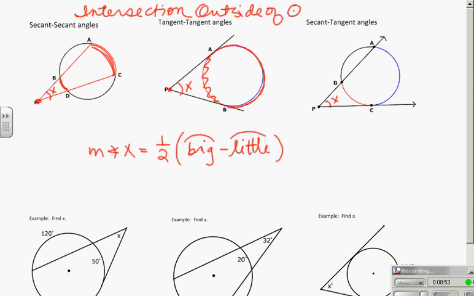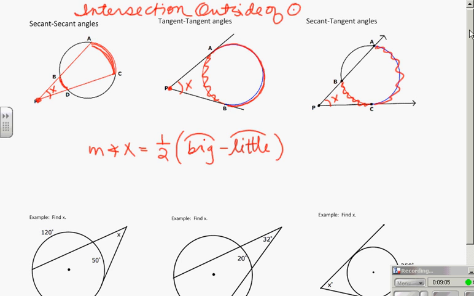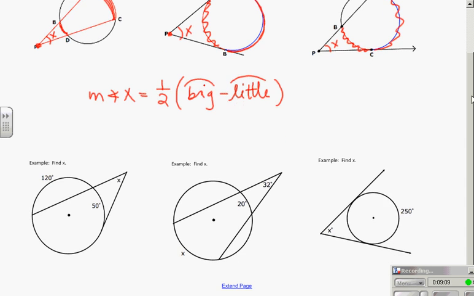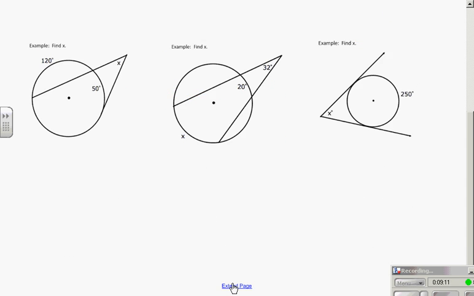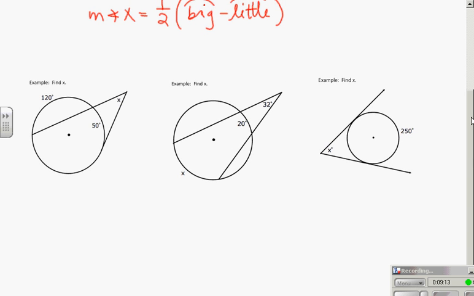In this case, 1/2 of AB minus little ab. Here, we would take 1/2 of AC minus BC. So if you just remember big minus little and take 1/2 of it, again, the angle is smaller. That's where the half is coming from. So let's look at a couple of examples that deal with our 1/2 big minus little.